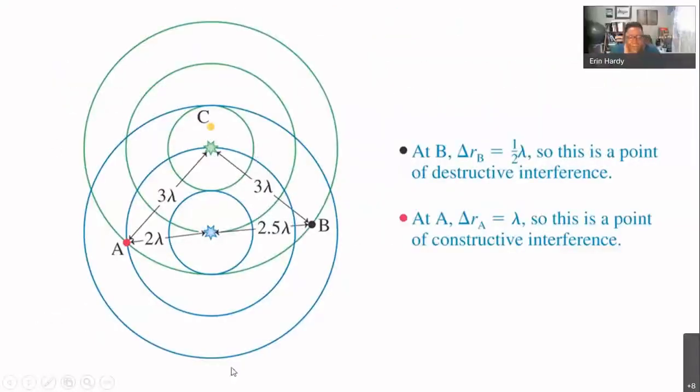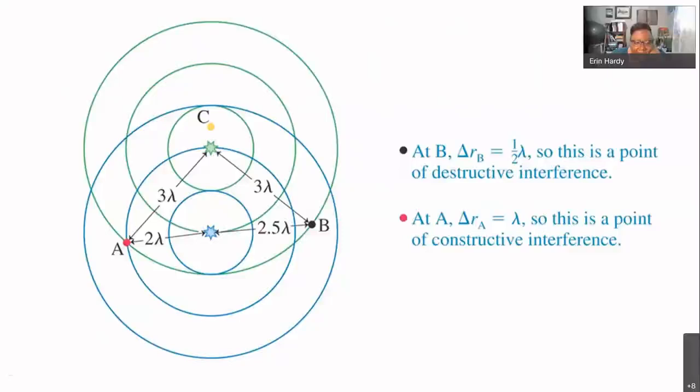Okay, let's keep going. So applying this back to the same image that we started off with, our two sources, green and blue, that are producing the same wave, propagating through the same air at the same speed. An antinodal position is going to be one where you catch two peaks or two troughs.